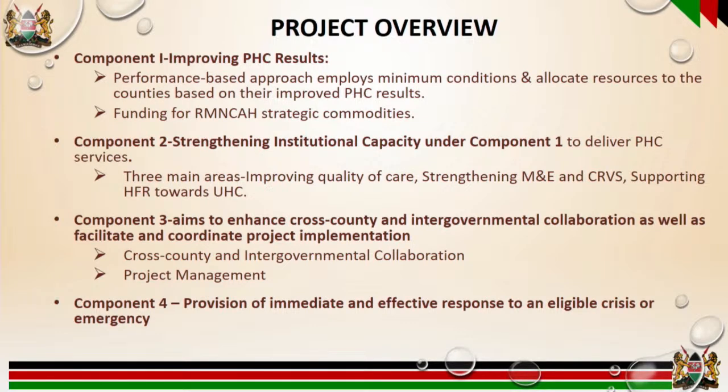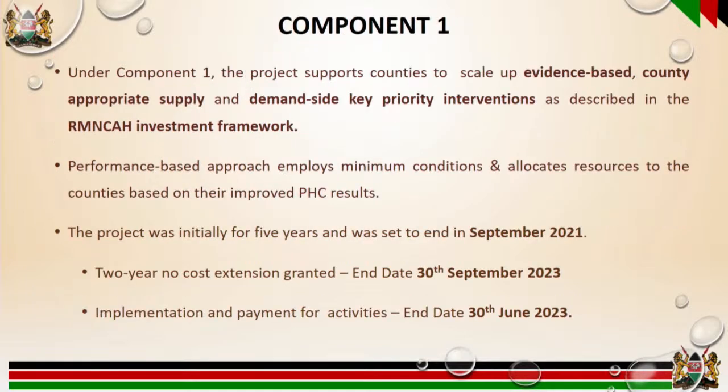Component 4, of course, is the contingency emergency response component that I mentioned earlier, which was triggered after the onset of the COVID-19 pandemic. So just a little bit more on component 1. Under component 1, counties are given funds to scale up evidence-based and county-appropriate interventions.